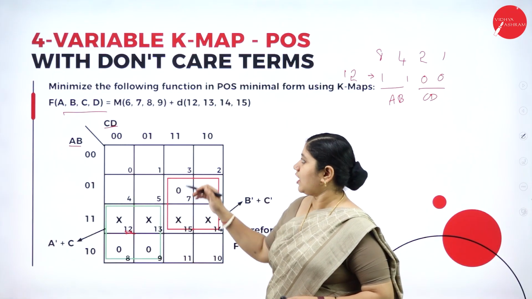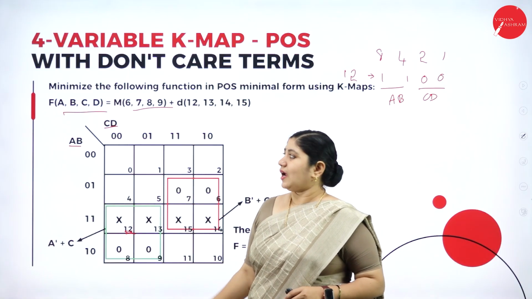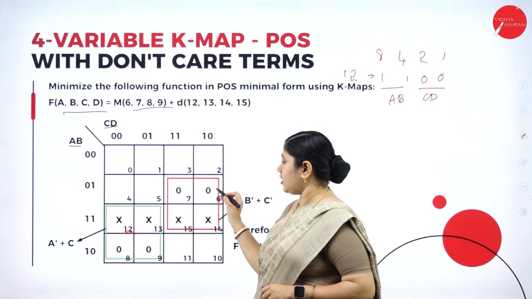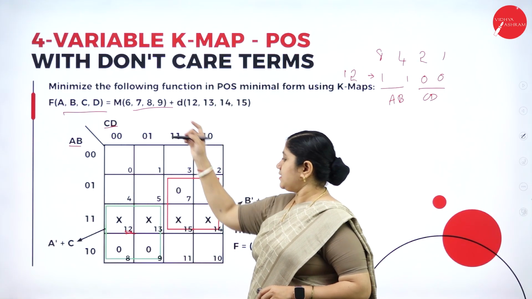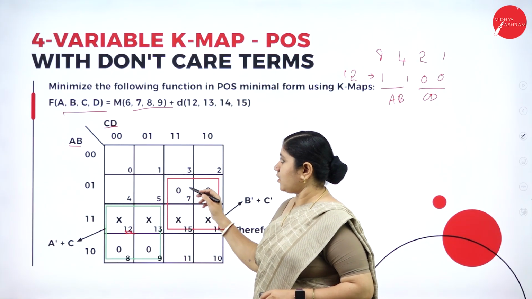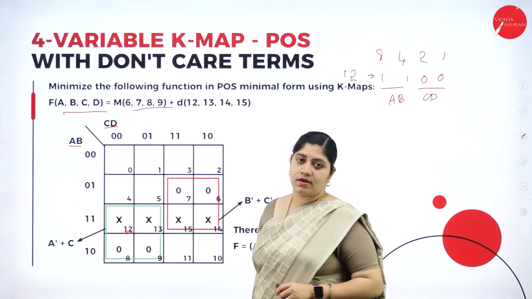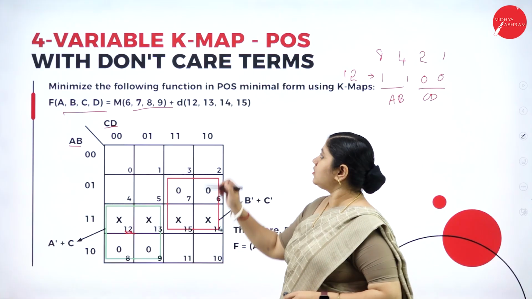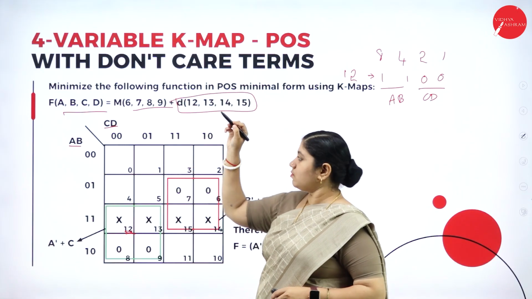Then what we have to write? We have to add the values here. So you can see that for 6, I have to write a 0 as it is a POS form. Okay. And next 7, with respect to 7, I need to write a 0, 8, again a 0, 9, 0, done. Next, we have to go with a don't care. So what we have to write for don't care, do you remember?